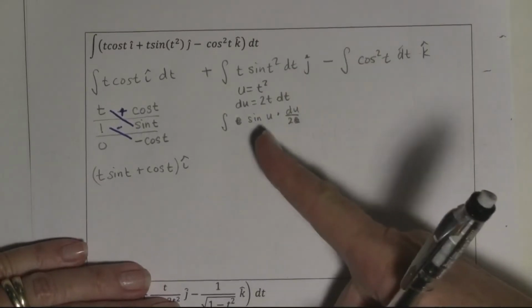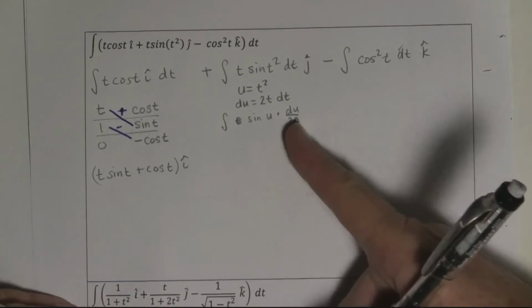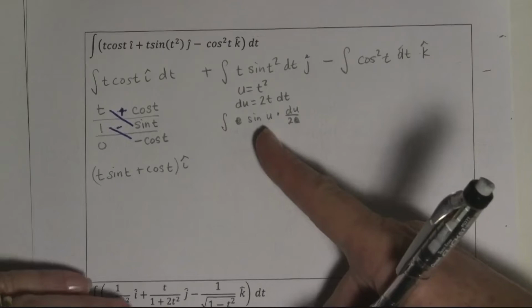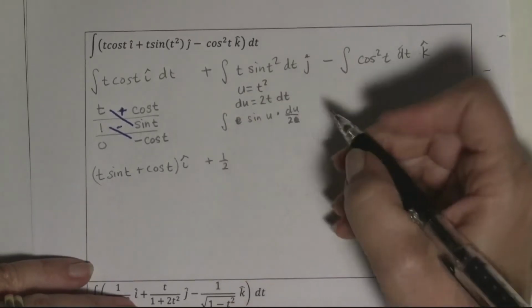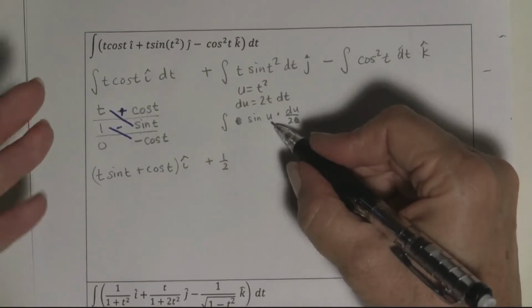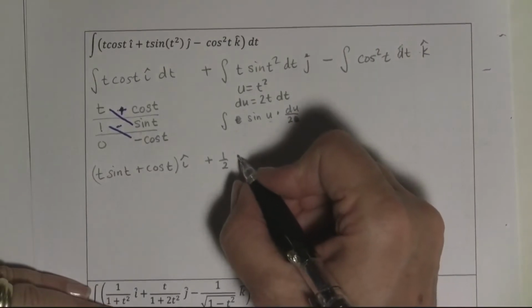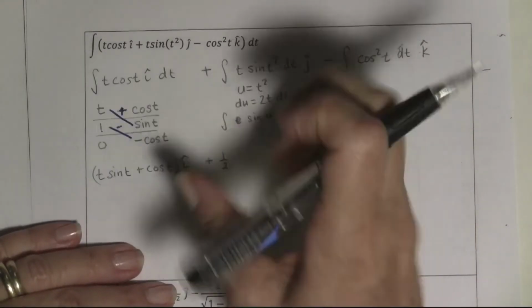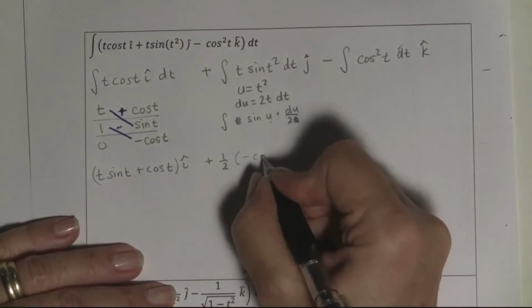And now all I have to be able to do is take the antiderivative of sine of u, and I have the 2 in the denominator, so 1/2 u. And so we're going to have the 1/2 out here in the front. Now I just have to take the antiderivative of sine of u, which is cosine, but it's negative, right? And so I'm going to flip this. I'll just put parentheses around it. Negative cosine of u.